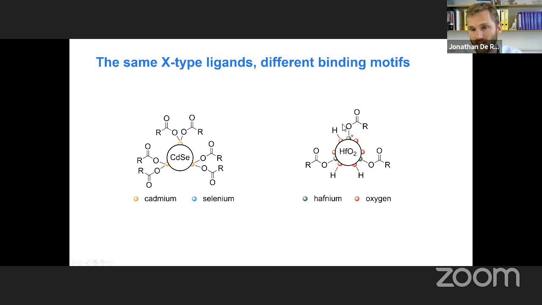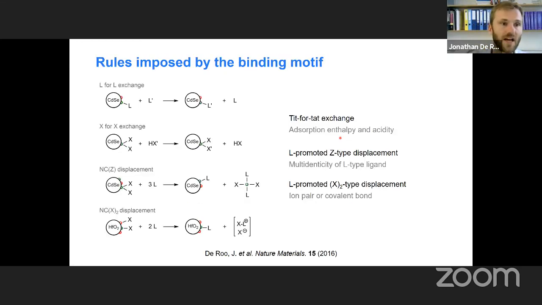Here the carboxylate is charge balanced by protons on the surface. And that has an effect on how these ligands can exchange or be displaced. I call it an exchange when we keep the binding motif the same. So if you just do an L for L exchange or an X for X exchange, the binding motif remains the same. And then there are these displacements where the binding motif changes.